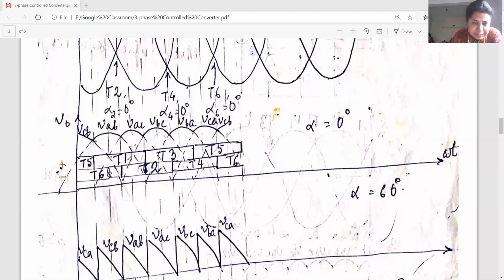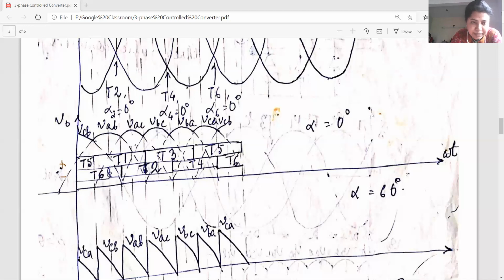So we can see after T1, this is T2, after T2, T3, after T3, T4, after T4, T5, after T5, T6. So the naming is as per the sequence of their operation.